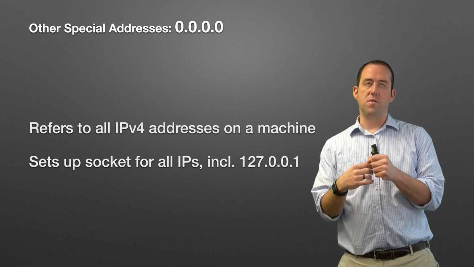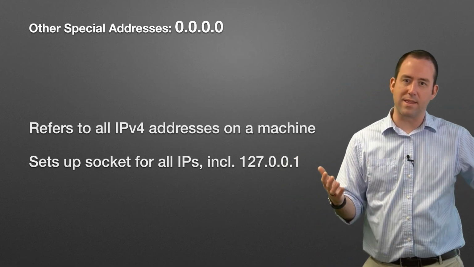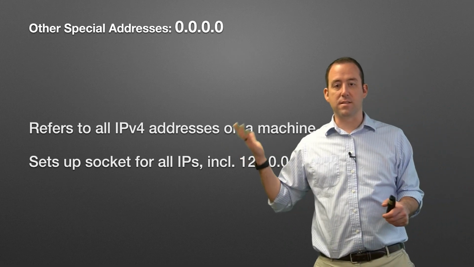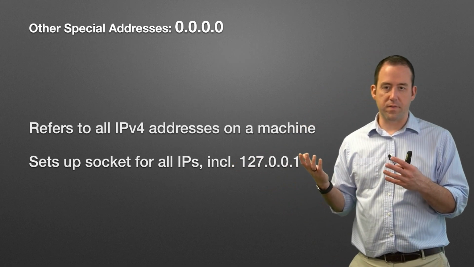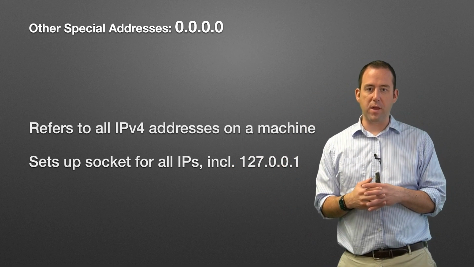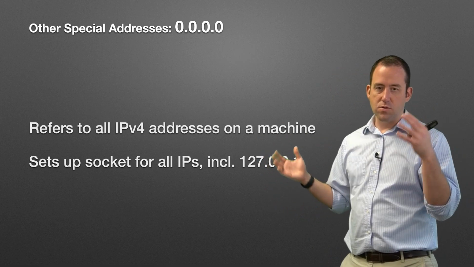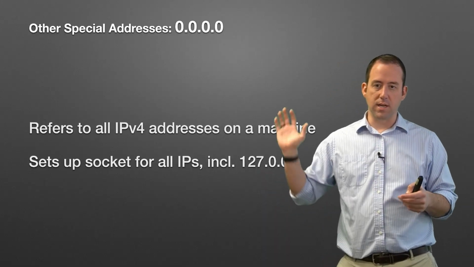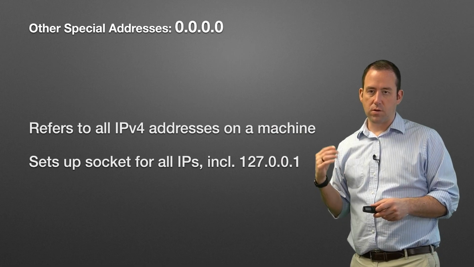If you configure a service to start up on 0.0.0.0:8000, for example, it's setting up that socket for all IP addresses on your machine, regardless of how many IP addresses there might be or how many different ways or names traffic can use to get to your machine. You have that option of setting 0.0.0.0 to refer to all of it.